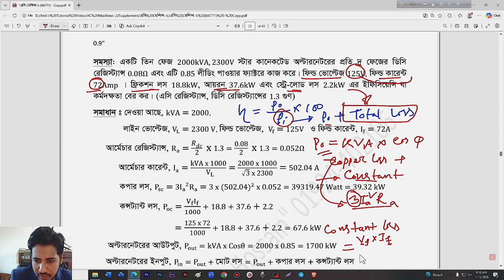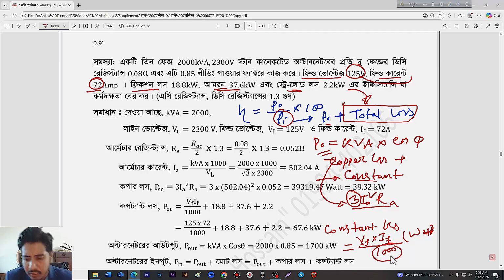Of course, we have to find out the kilowatt, that means we will divide this value by 1000. And this is the total loss here.